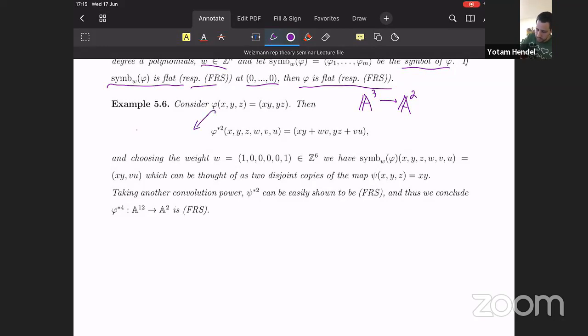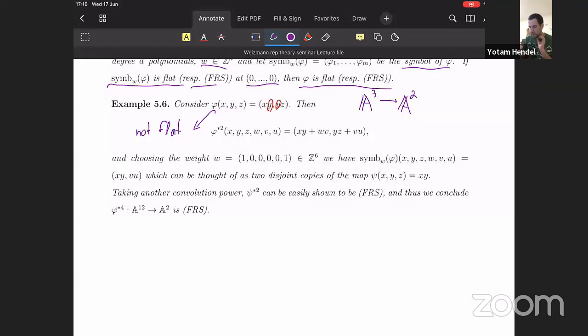So this guy is not FRS, it's not even flat, because if you consider the fiber where both things are 0, you get something which has dimension 2, where we expected dimension 1 if this guy was flat. And the reason for the trouble here is that these two guys are repeated.